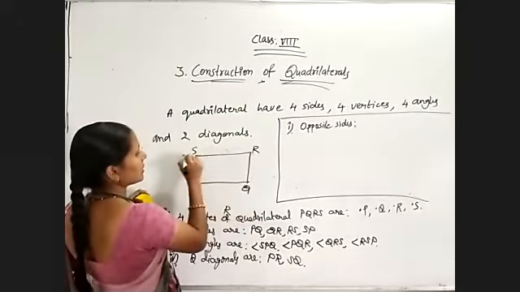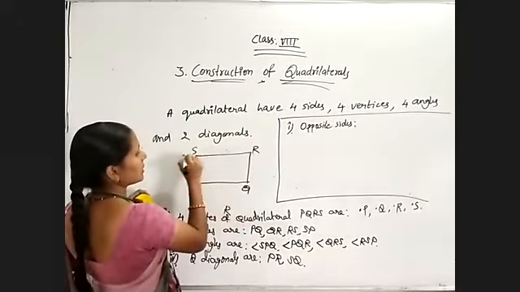So QR is adjacent to PQ as well as RS, these two. And RS is adjacent to QR and SP. And SP is adjacent to RS and PQ. Adjacent sides are like that.